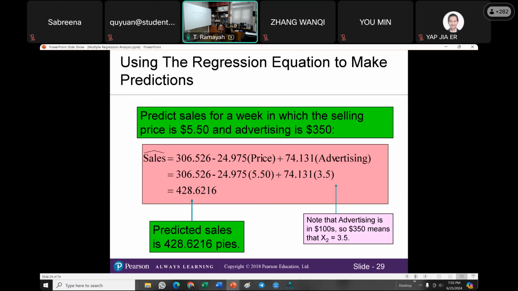So you need to have this equation, substitute the values given in the question into the equation, and you have to calculate the value. And the value will follow the unit of your dependent variable, right? This is the number of pies sold. Okay, any questions? No. Okay.